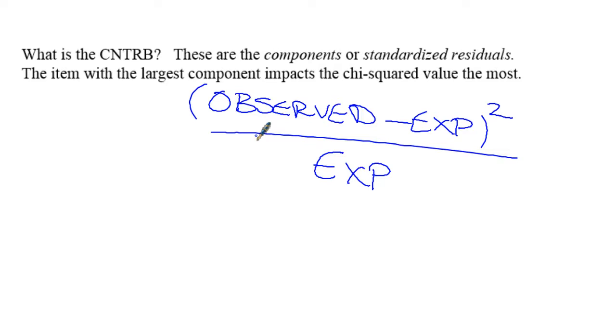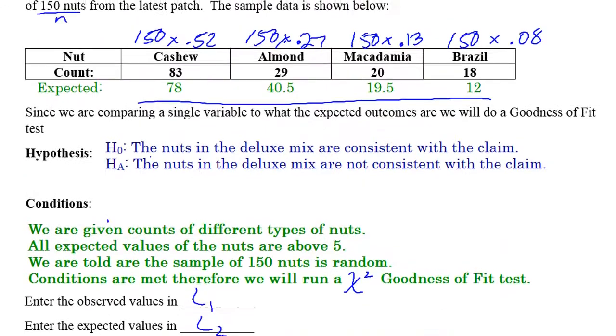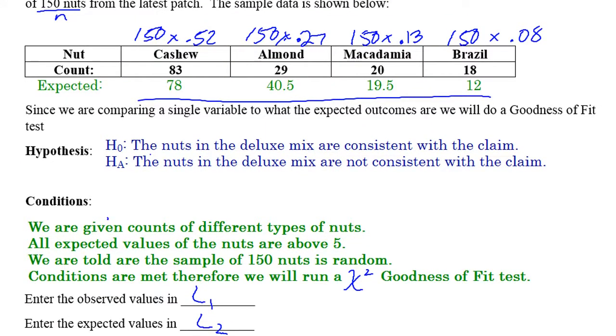And this essentially just tells us which of these values was furthest off. So the bigger the component is, the more it's affecting your chi-squared value.